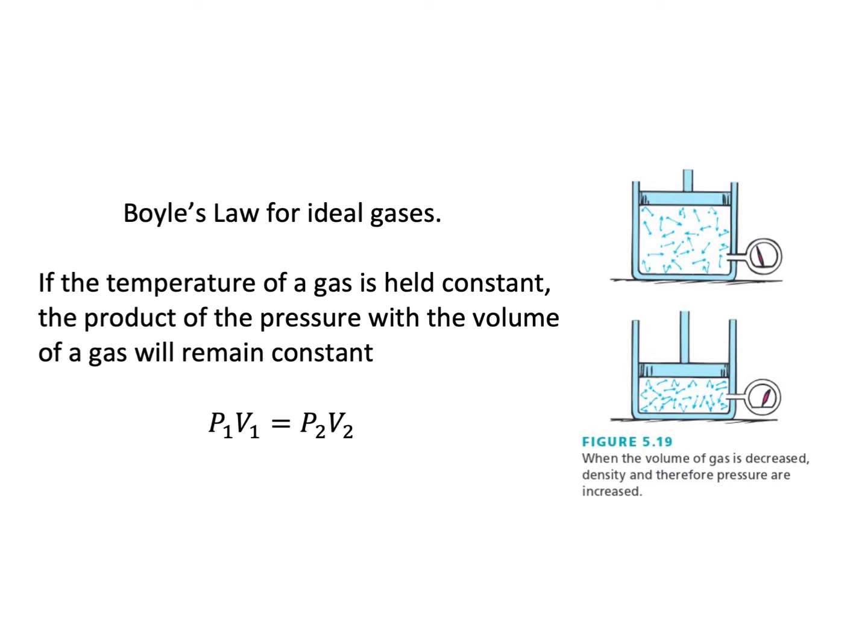And so if I pick any two, this situation has a particular volume and a particular pressure. I compress the piston so that the temperature doesn't change. This now has a new volume and a new pressure, but if I multiply them together, the pressure of one times the volume of one, that would be this one, will equal the pressure of two times the volume of two.